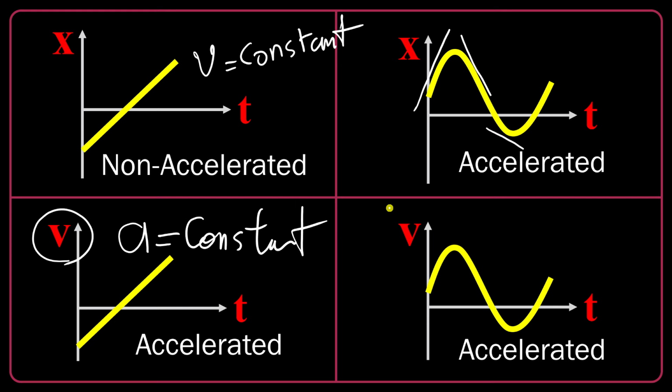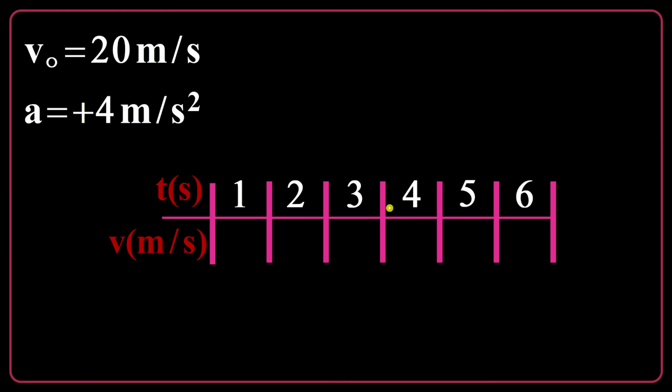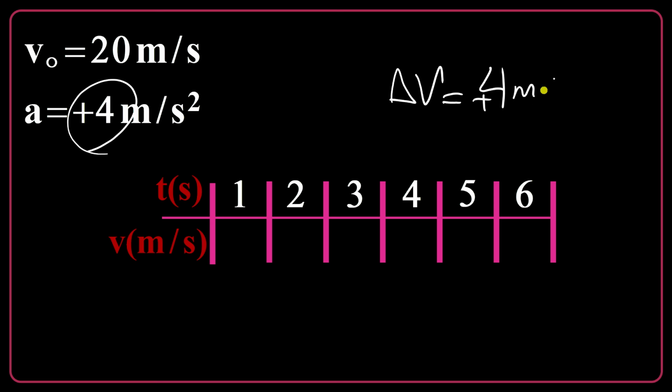Okay, let's continue. Look at this one. The initial velocity of an object is given to be 20 meters per second and the acceleration is 4, okay? Velocity positive at the beginning, the initial velocity positive, and acceleration also positive. Acceleration is 4 means that the change in velocity in each second is positive 4 meters per second.